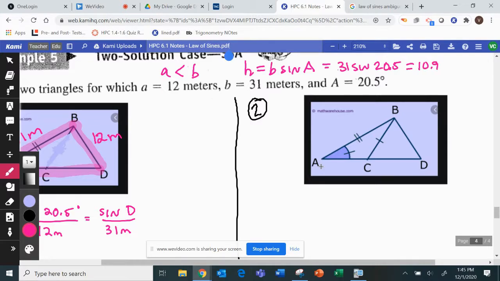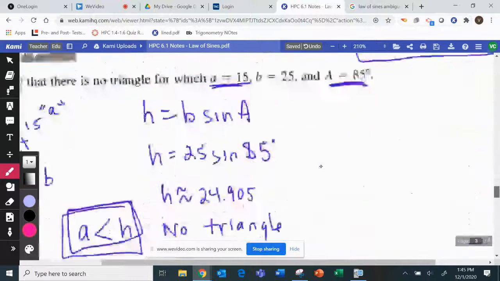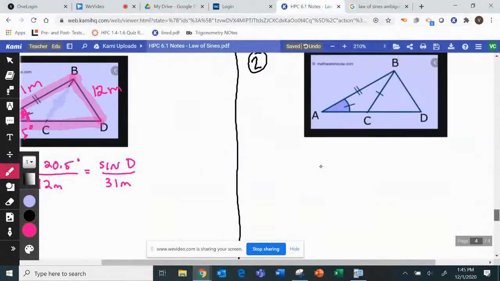So where does that fit in with the a and the b? This is 12, this is 31, h is less than a. So we have the scenario where h is the smallest of the three. That tells us we have two. And that's just coming from this previous page, the different cases. That's telling us two. Okay, now we can go back to finding the two.